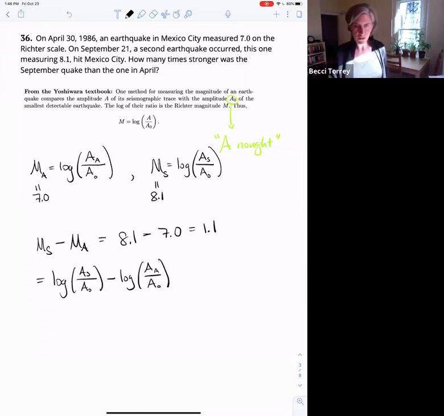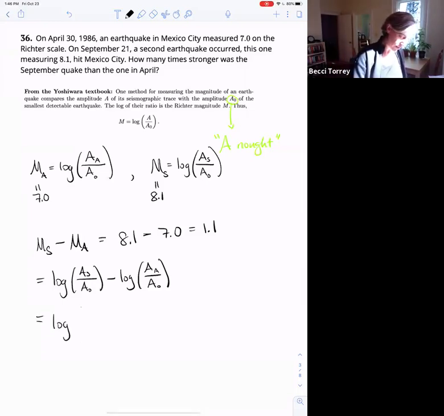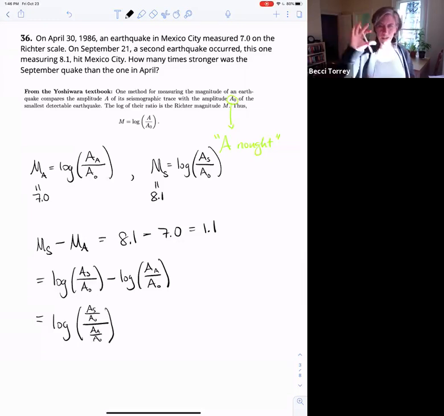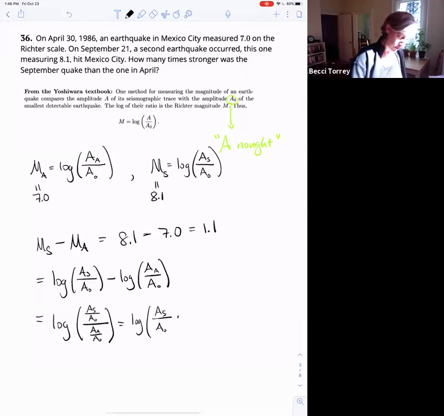And now we have to subtract two logs. That's the same as division on the inside. So this is log of A sub S over A naught divided by A sub A over A naught. And we know when we're dividing two fractions, you flip the bottom one and multiply. So this is log of A sub S over A naught multiplied by A naught over A sub A.